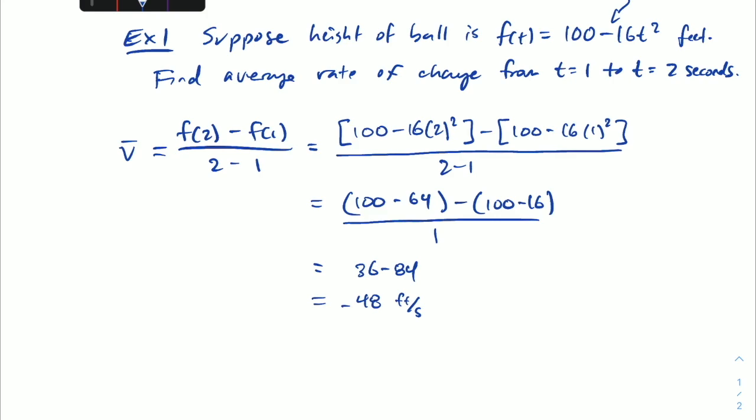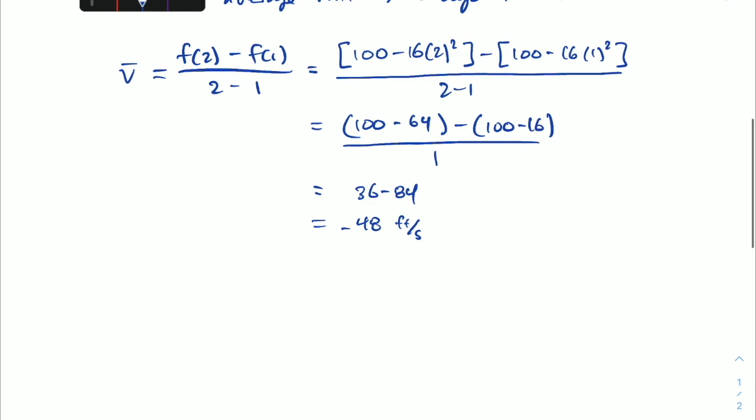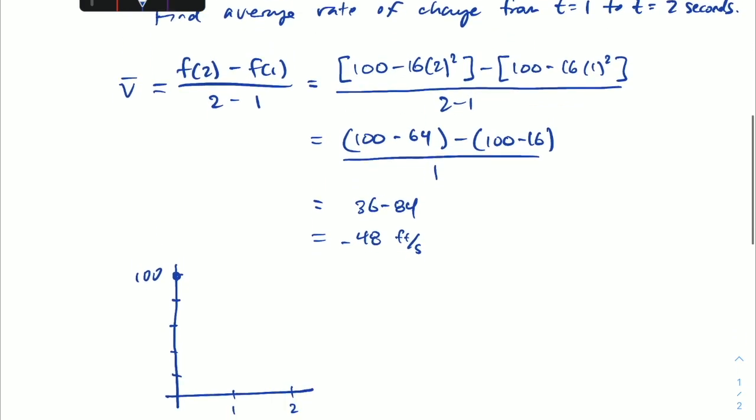Okay, so let's represent what we just did graphically. So let's draw a graph of what we just did. So we have this 100, and let's say we're looking at this quadratic. So this quadratic outputs 100 at 0. If you put 0 into this function, you get 100. If you put in 1, you get 84.